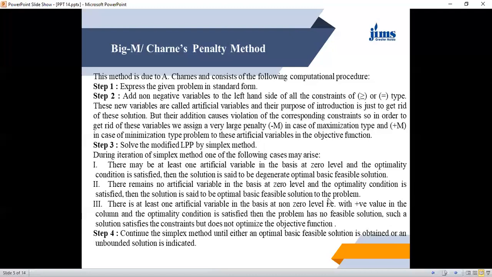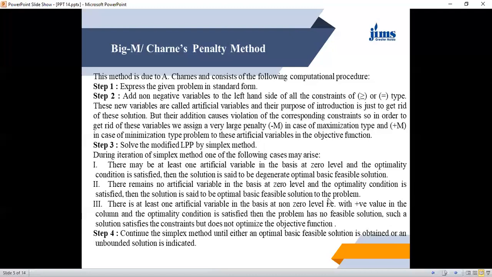One could be you may get at least one artificial variable in the basis at 0 level, and the optimality condition has been satisfied. If this is the case, then this kind of solution is known as a degenerate solution, and this incidence is known as degeneracy.